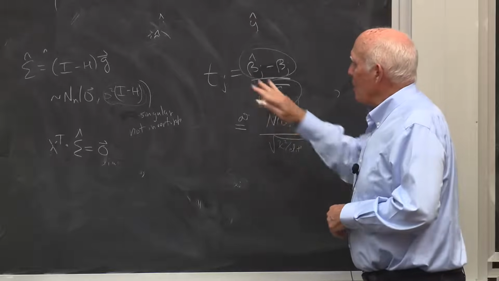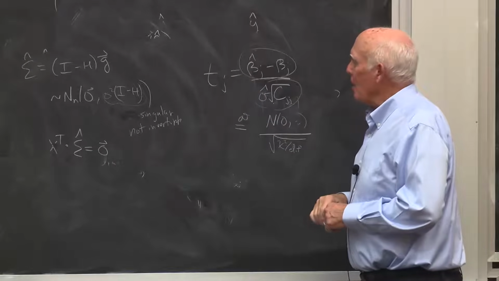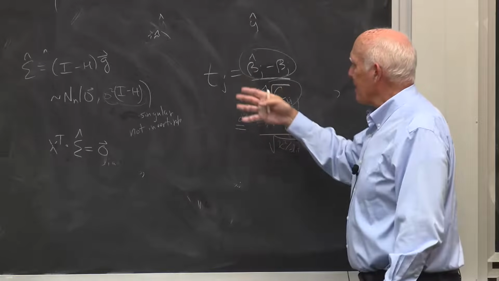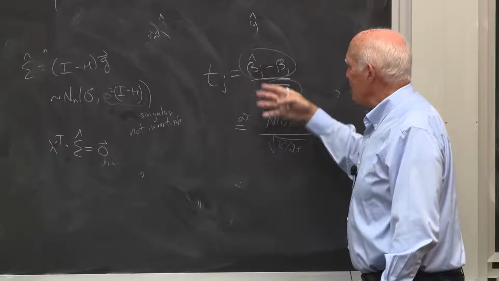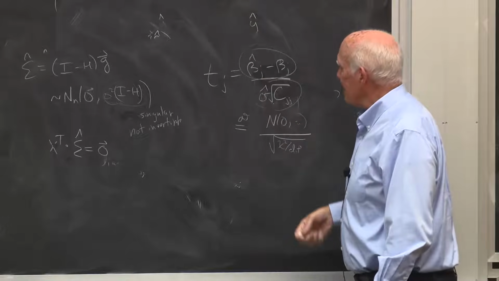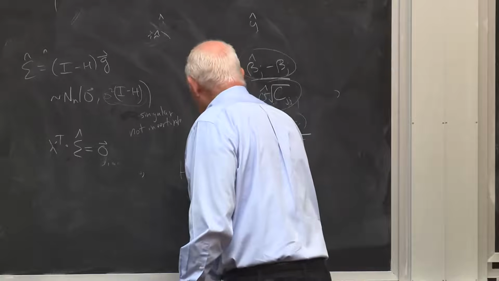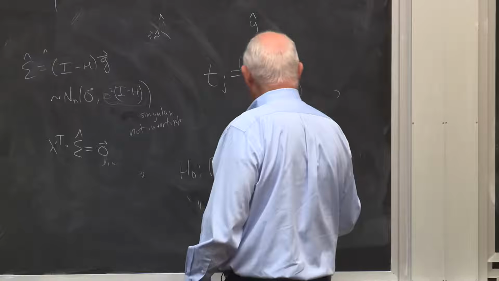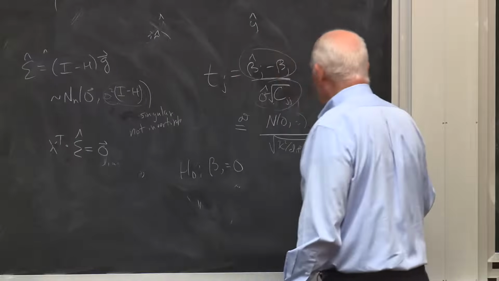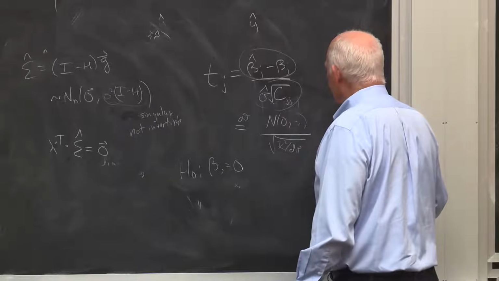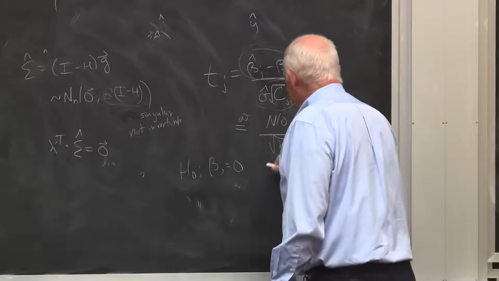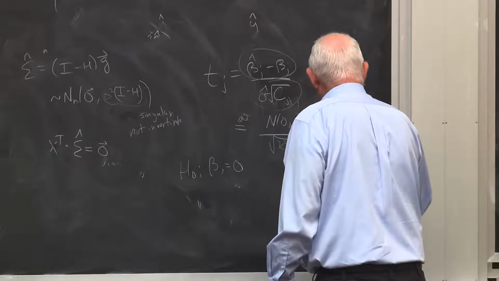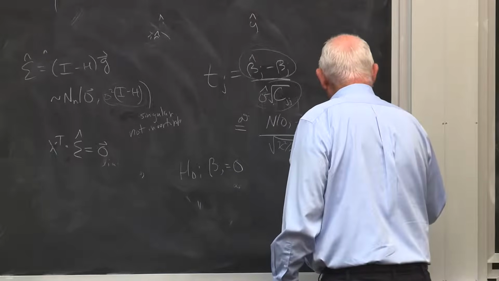And so we need to be able to quantify how significantly different from 0 the t statistic is. So if we have an H naught that beta j is equal to 0, then this statistic has a t distribution with n minus p degrees of freedom.